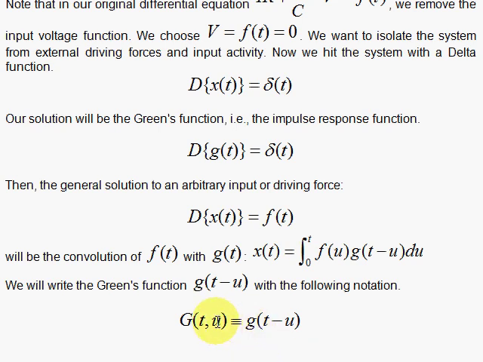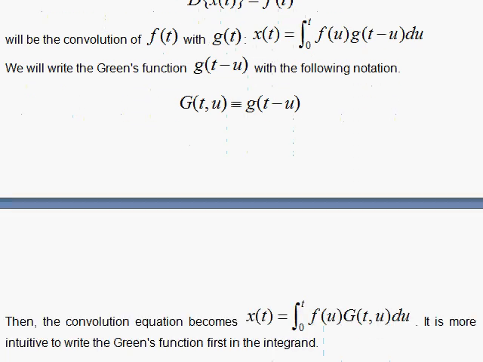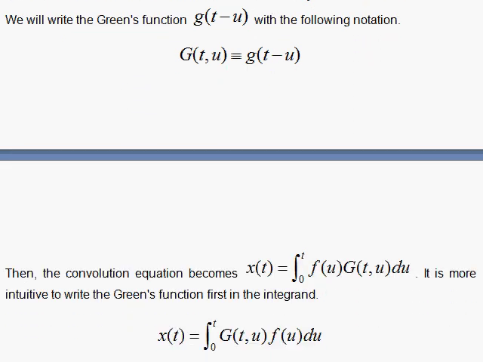If you look at u equal to 0, then you have just the g of t, which in our case is the e to the minus t. And then when you shift it, you simply shift it where t gets replaced with t minus u. So the convolution can be written here in this fashion, with the Green's function replacing the little g with the argument t minus u.